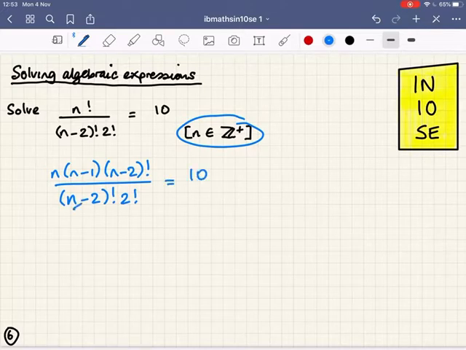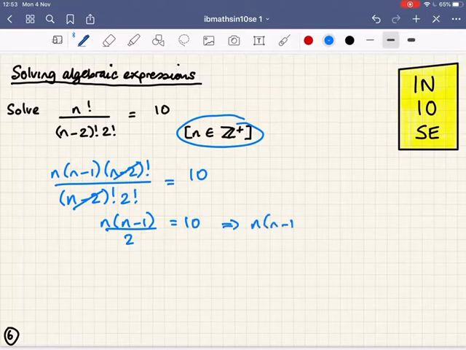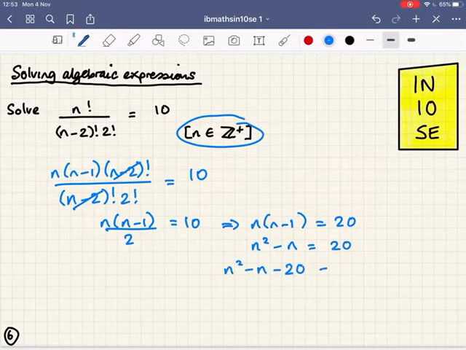Then I can cancel the expression down and I end up with n times n minus 1 over, I can do 2 factorial in my head, 2 times 1, that's 2, equals 10, which gives me a nice algebraic expression, n times n minus 1 equals 20. If I expand that out, n squared minus n equals 20. Bring everything over to the same side, n squared minus n minus 20 equals 0.